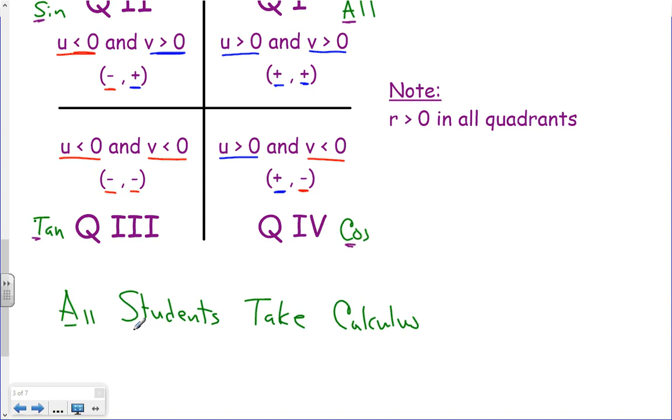If that helps you remember those, then you can use that little acronym. All students take calculus tells you which trig function is positive in which quadrant.